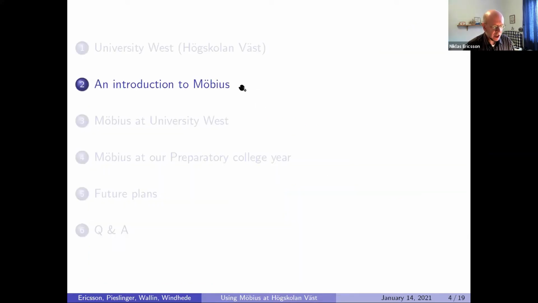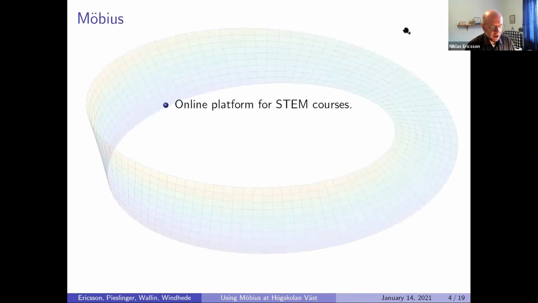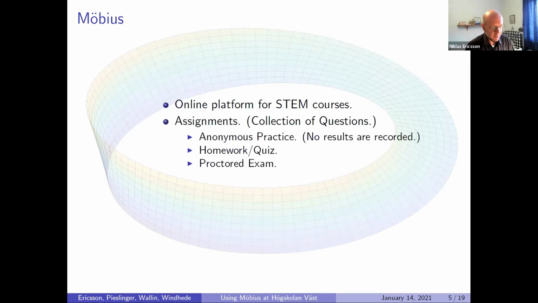So then let me go on with a very short introduction to Möbius. You could say that Möbius is an online platform which is particularly well suited, I think, for courses in science, technology, engineering, and mathematics, due to the math capabilities of Möbius. We have worked a lot with something called assignments.